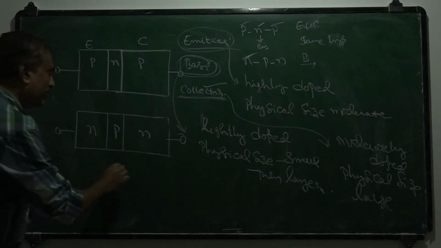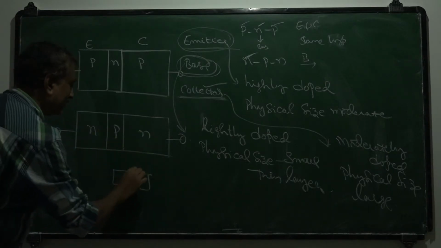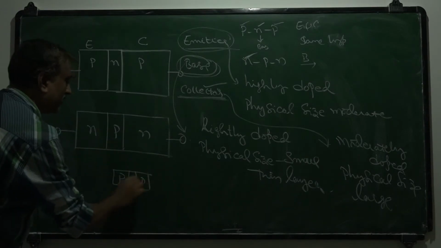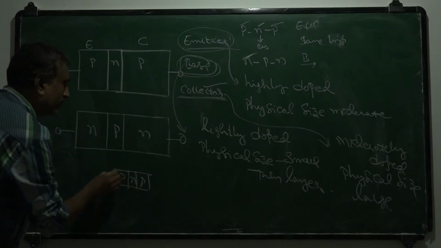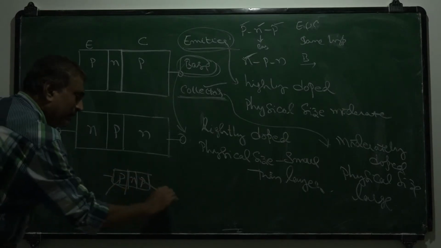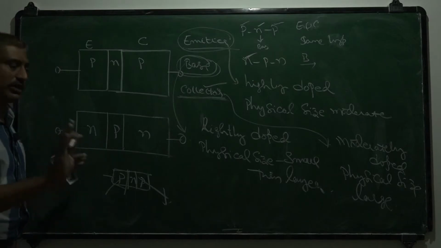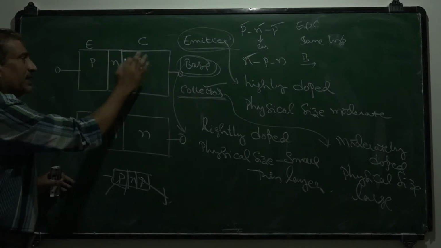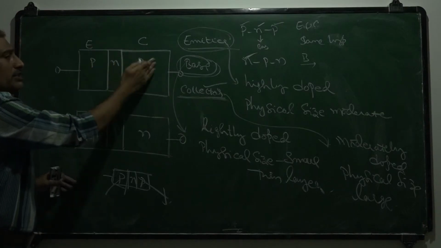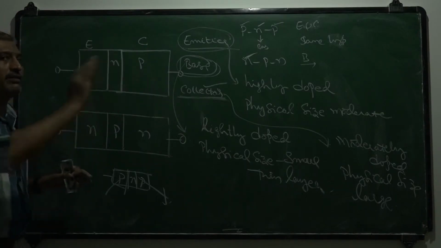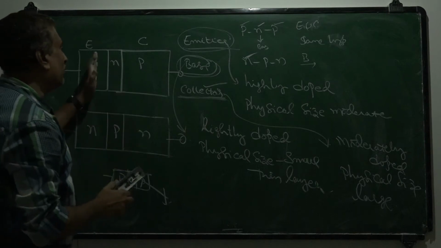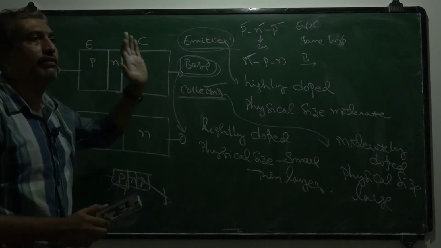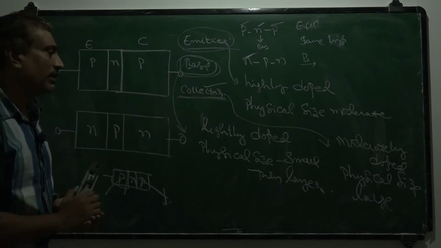Even though both are P-type materials, emitter and collector cannot be interchanged because the doping density and physical sizes are different for emitter and collector.